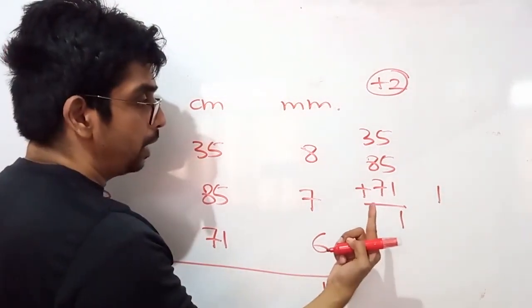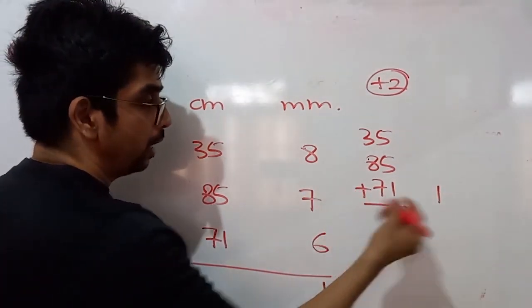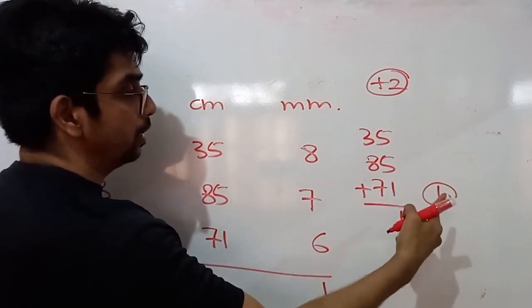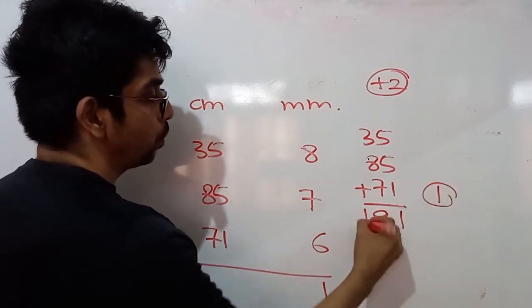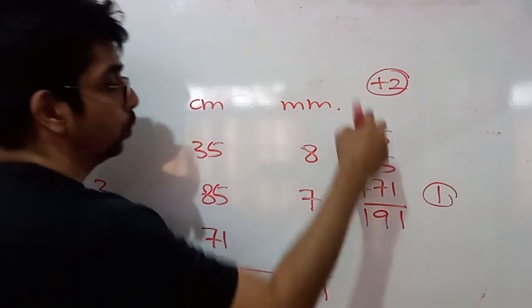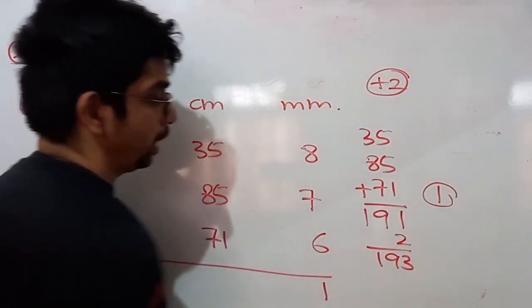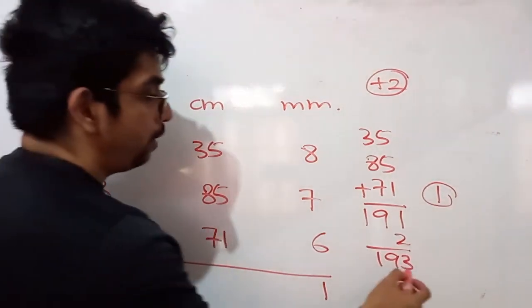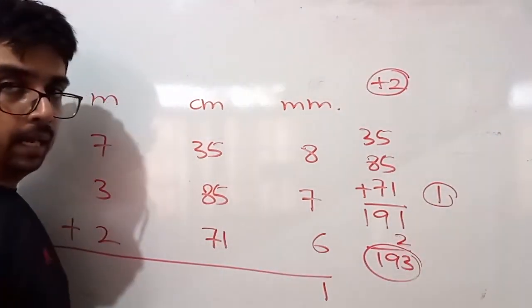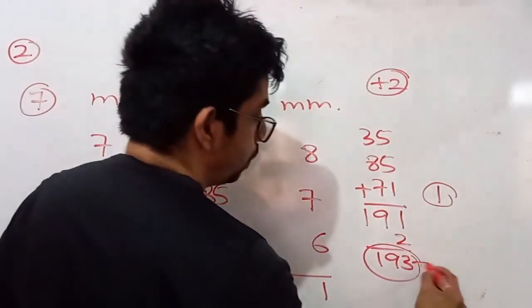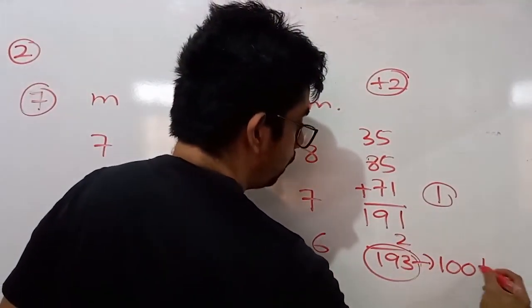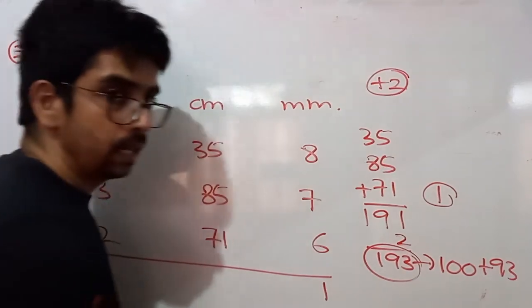Add the 7, it becomes 18. Add another 1, it becomes 19. Right? So 191, don't forget the 2. So this becomes what? 193. So these are centimeters, no? So we can break this into 100 plus 93.